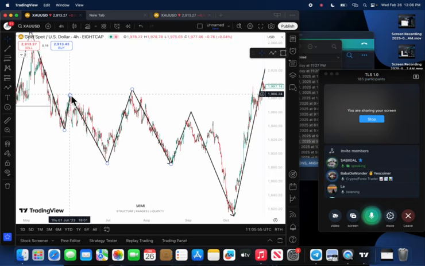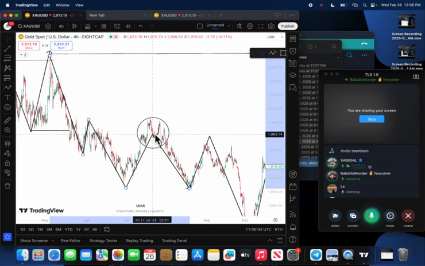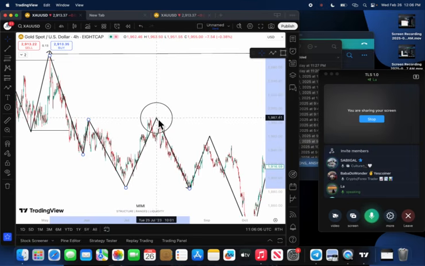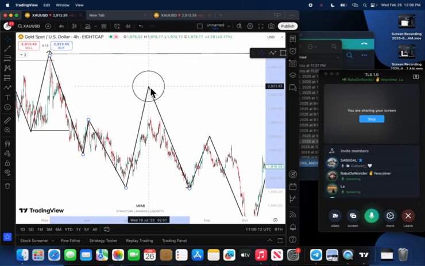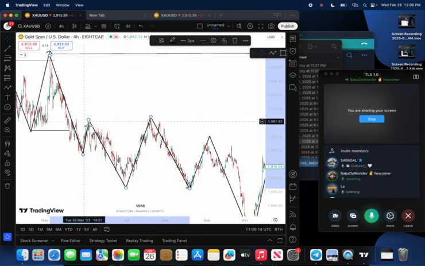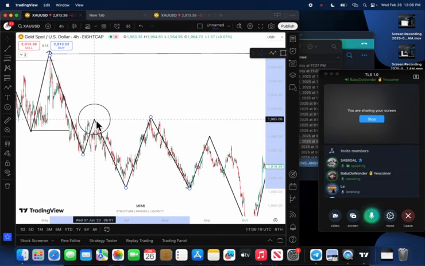It's supposed to be higher than this. Yes, than this one. Drag that one up. Drag the drawing up. No, not that one, the one before it. This one. No, not this one.